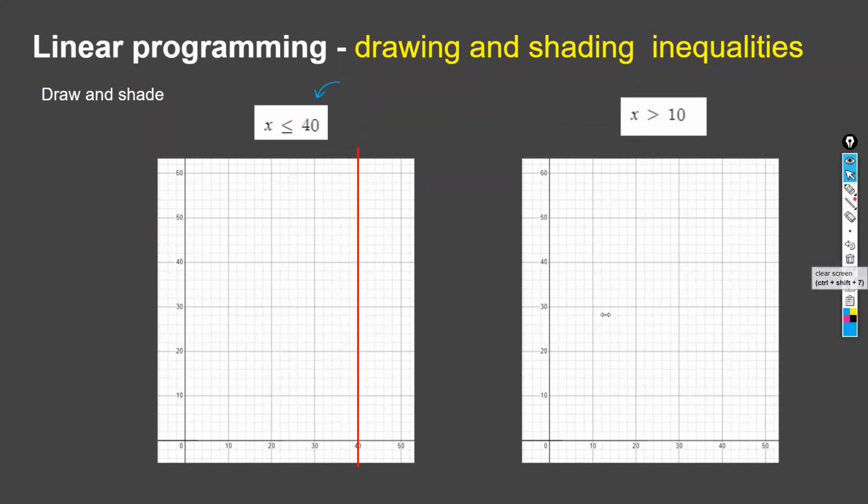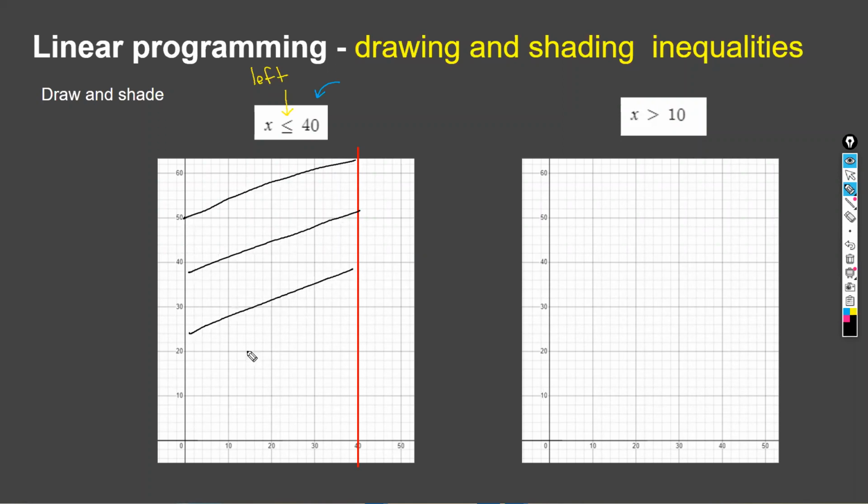Last week I asked you to associate the word less than with below, but if there's no below, you can associate it with left. So in the exam, you will have to shade the left-hand side of the line, just like how I have it here.